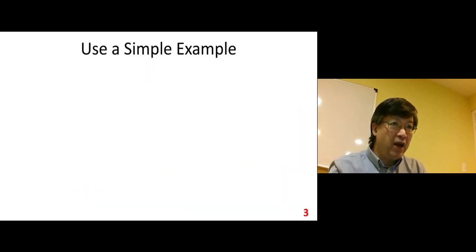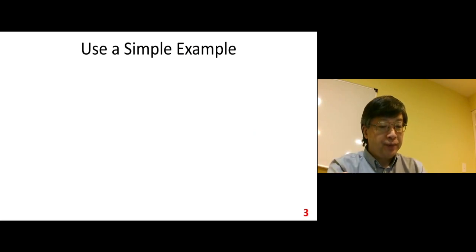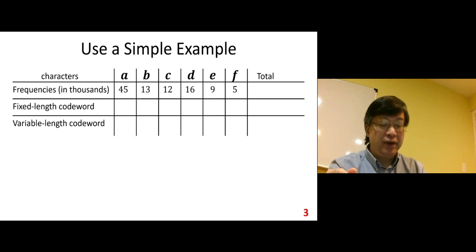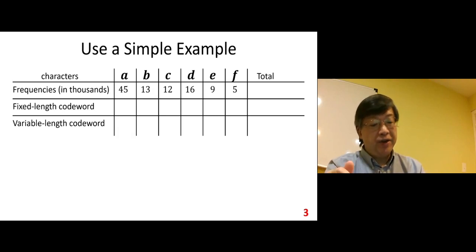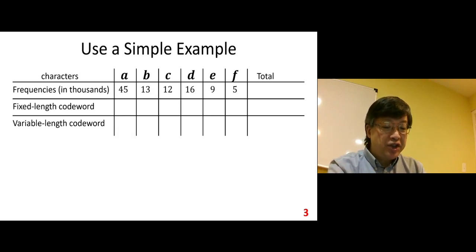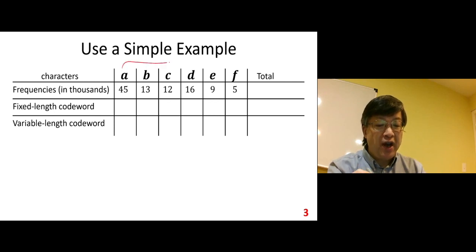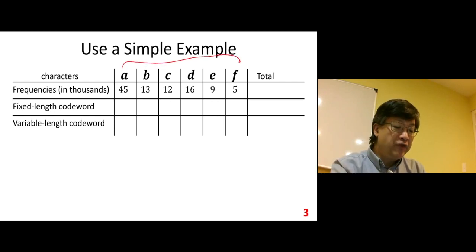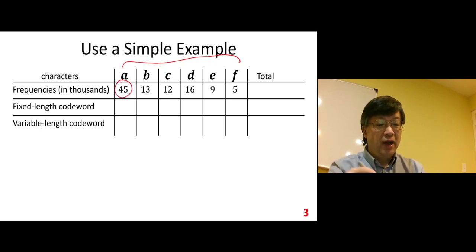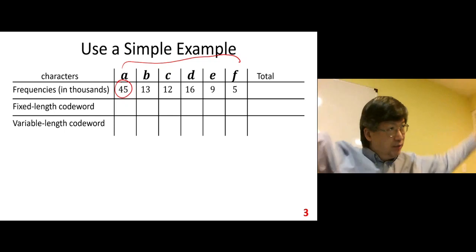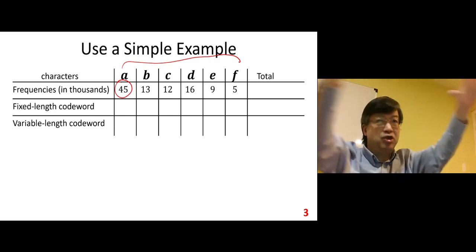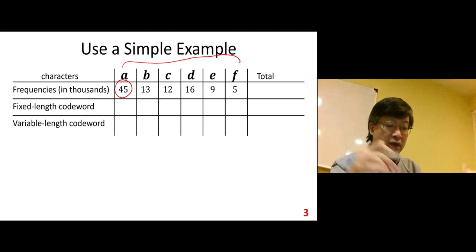Let me use a simple example to explain the idea. Suppose we have data like this. We use 6 characters, A, B, C, D, E, F. For each character, the frequency is given in thousands. A occurs 45,000 times, from statistics on a large amount of text.